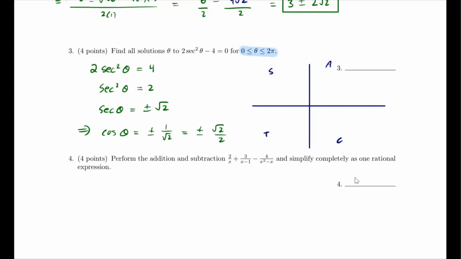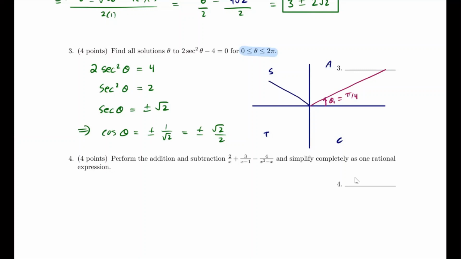So the first solution, let's call this theta 1. Theta 1 is going to be the reference angle. So cosine of which angle gives us positive square root of 2 over 2? We know that's pi over 4. So this theta has to be pi over 4. So that's one of our solutions. And using that, we're going to find the solution that corresponds to this angle in every quadrant.